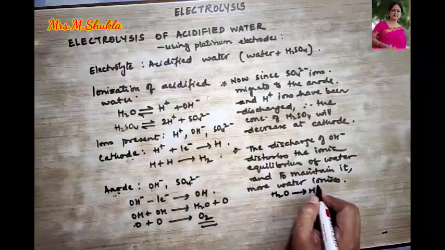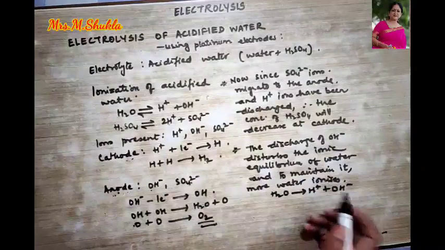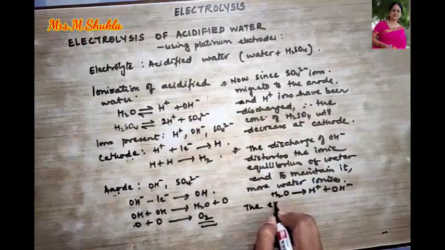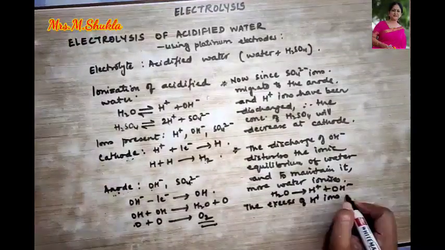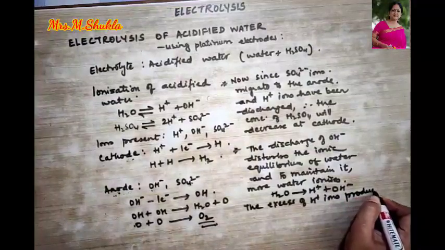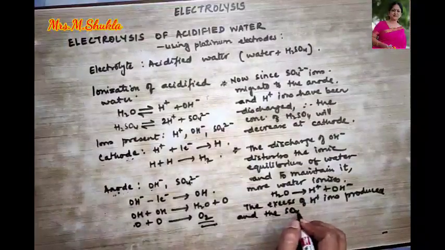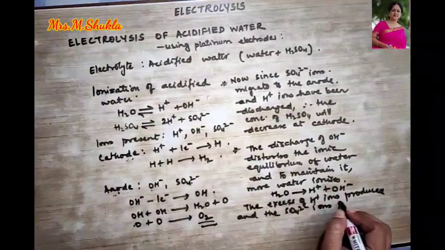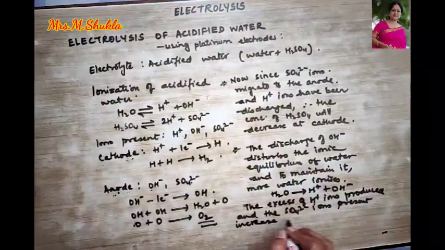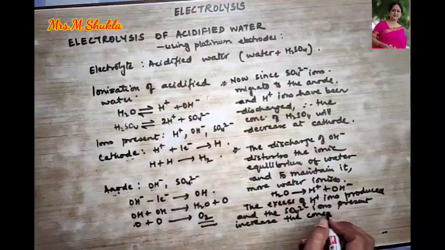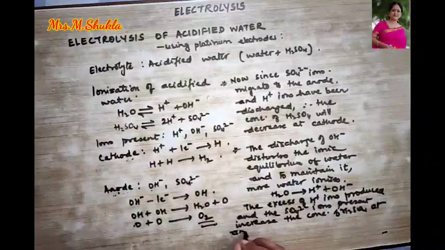When more water ionizes, more hydroxide ions and now more hydrogen ions are formed. Thus the excess of hydrogen ions produced and the sulfate ions present increase the concentration of sulfuric acid at anode.